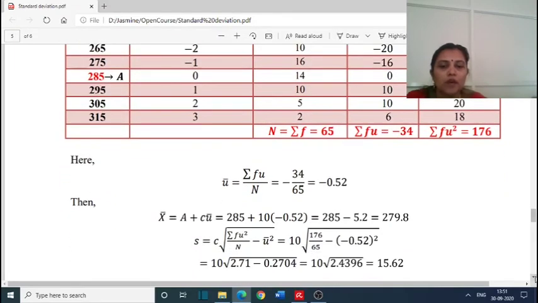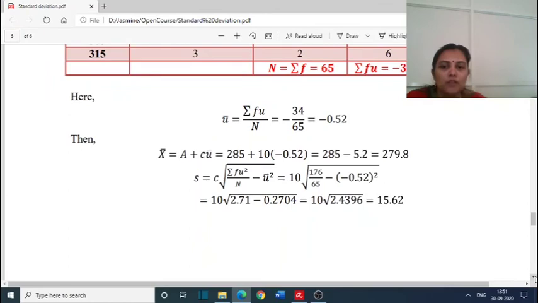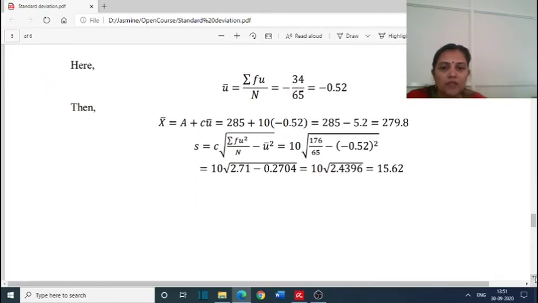Here u bar is equal to sigma fu by n, which is equal to minus 34 by 65, which is equal to minus 0.52. Now x bar is equal to a plus c u bar, which is equal to 285 plus 10 into minus 0.52, which is equal to 285 minus 5.2, which is equal to 279.8.